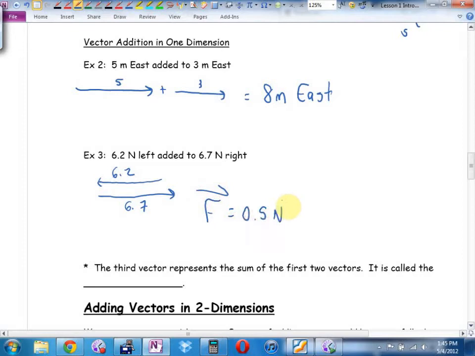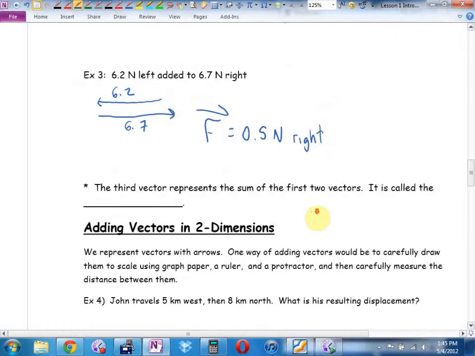Magnitude. Direction. Right. In fact, we're doing winner minus loser, which is why I snuck that in earlier this year. The third vector represents the sum of the first two vectors, and it is called the resultant.